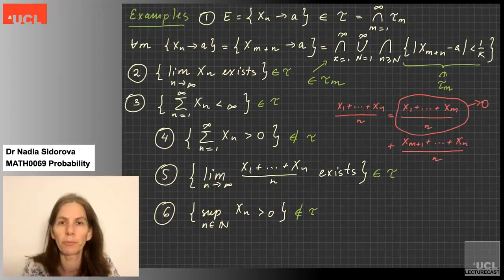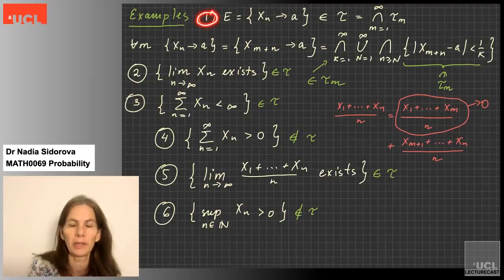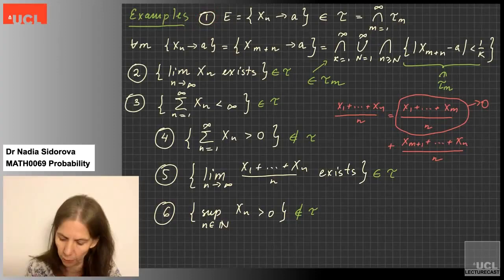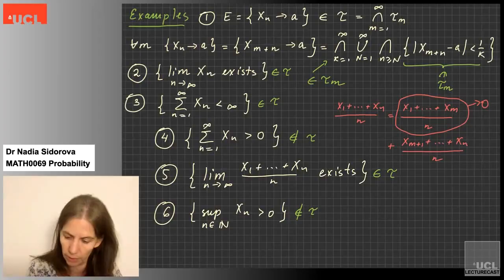I suggest we now prove something. So we proved carefully in the example 1 that the event E is a tail event. So I suggest now we do one of the cases where the answer is negative, so either 4 or 6, where the event turns out not to be a tail event. So let's do 6.